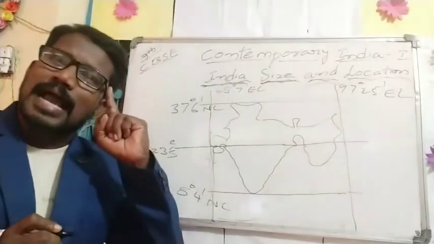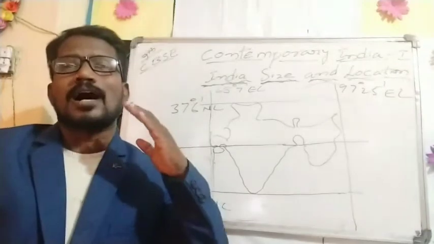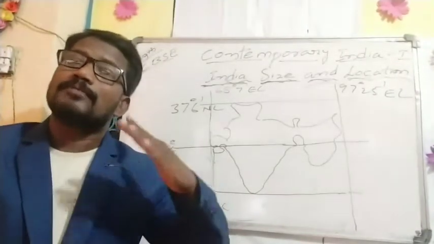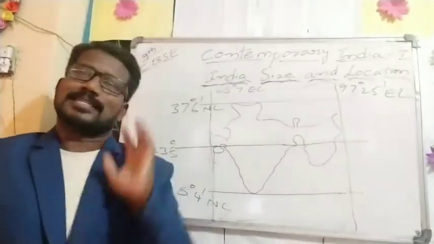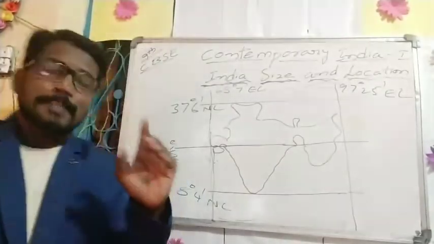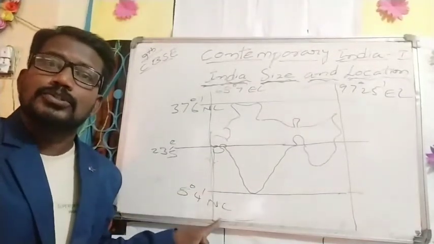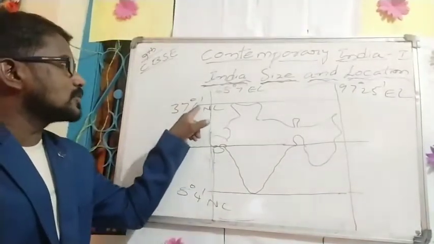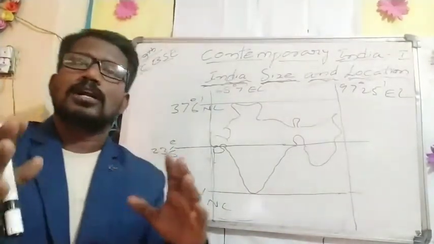Then we can easily identify which latitude passes through the middle of our country: the Tropic of Cancer. Do you understand? The location we already saw: 8 degree 4 minutes north latitude to 37 degree 6 minutes north latitude. This is the status of the latitude. And what about longitude?